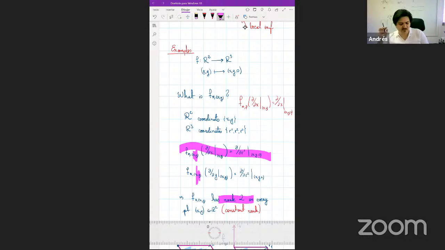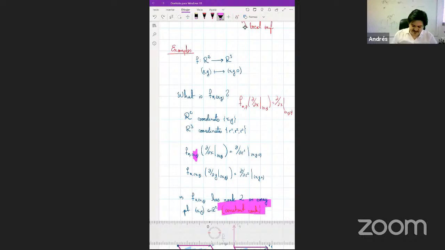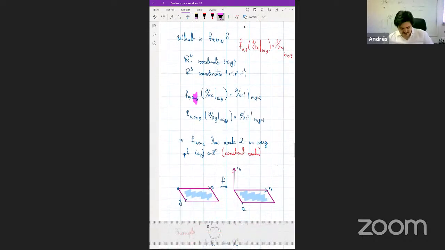It has constant rank. And this is something that we will use in the theorem that is ahead. We will require the function to have constant rank. Very nice, the plane sits inside.